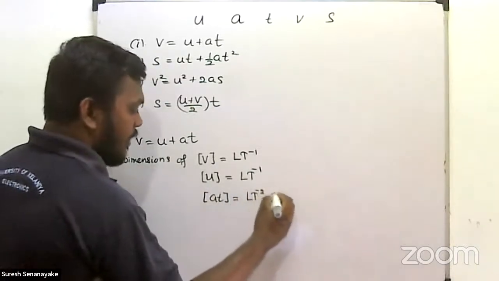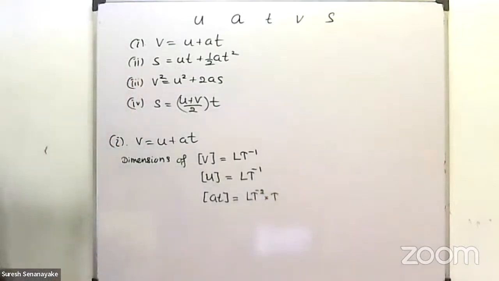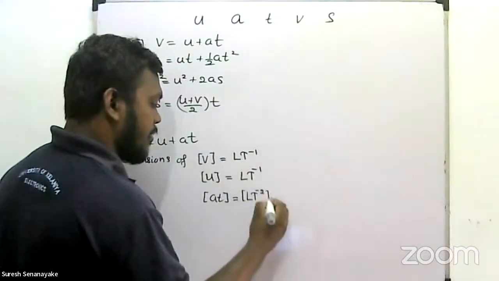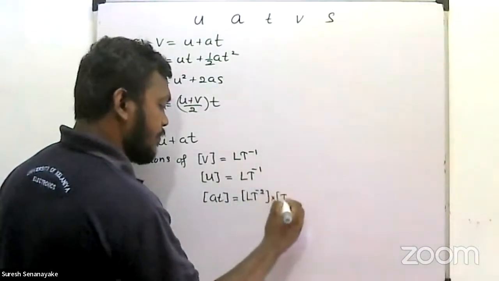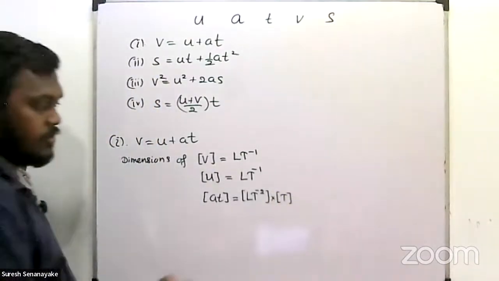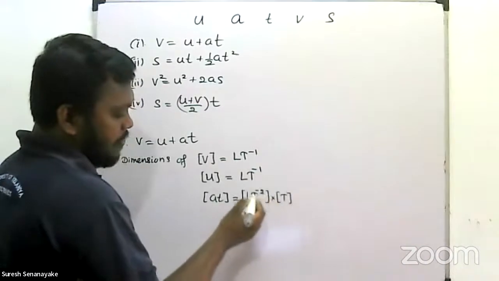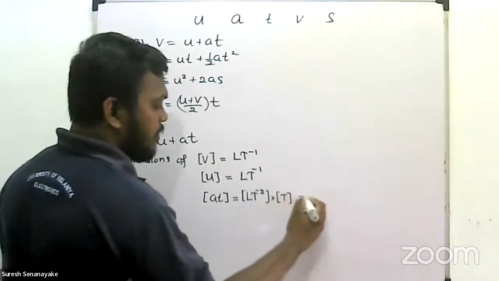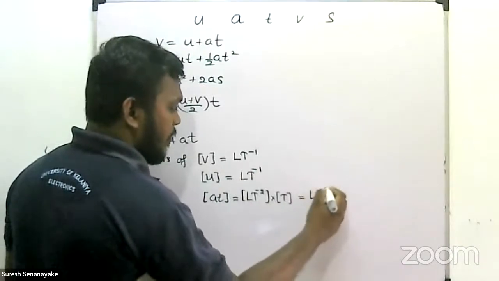The dimension of t, the time, is capital T. You write the dimensional formula like that, with the symbol in brackets. By simplifying, T to the minus 2 and plus 1 simplify, it's LT to the minus 1.